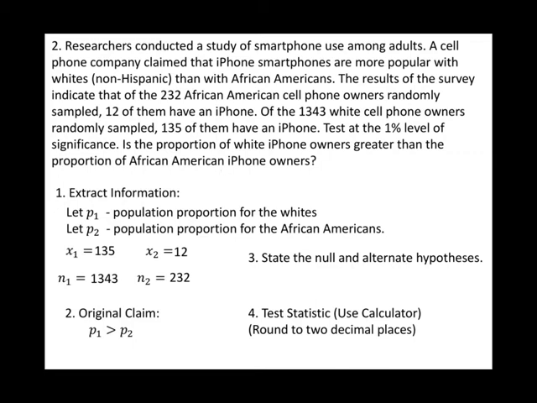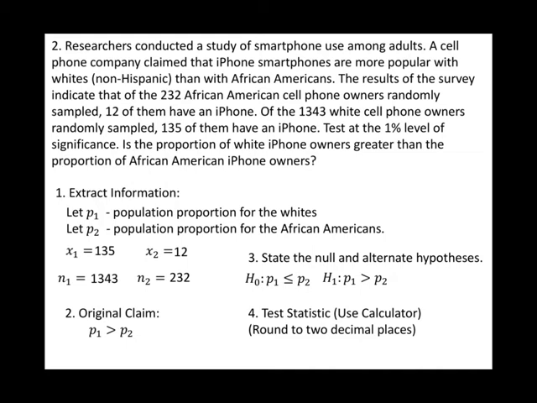So P1 strictly greater than P2. And then the null and alternate hypotheses. Since this is strictly greater than, that goes to your alternate hypothesis. And how about your null hypothesis? That will be the opposite of this, so that will be less than or equal to.